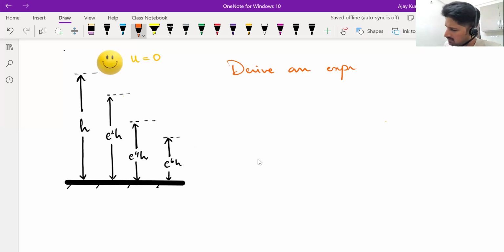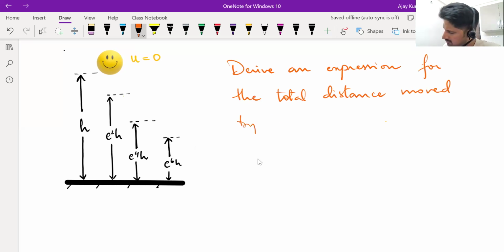derive an expression for the total distance moved by the ball before coming to rest.